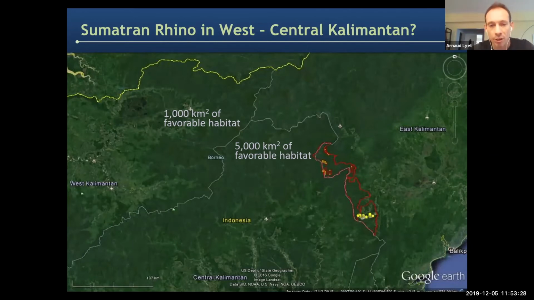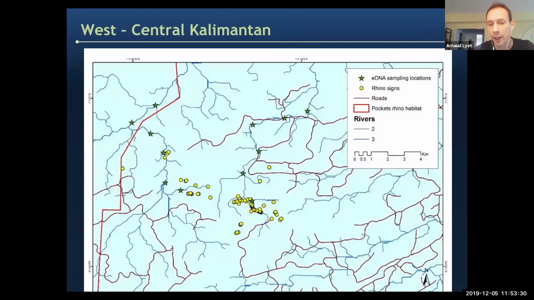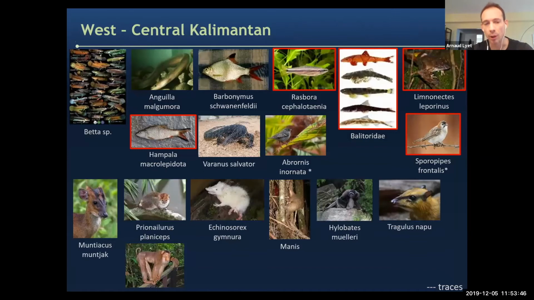So we just made a very quick test and went out, collected a few eDNA samples from the rivers in an area where the rhino was present. At this time, we collected only 10 liters of water, and the results that we got were lots of terrestrial species as in previous studies, lots of fish as well, amphibians, but no rhino. And a few small cats as well.